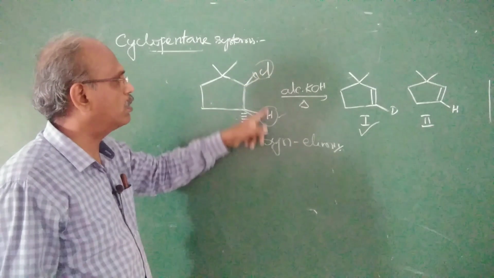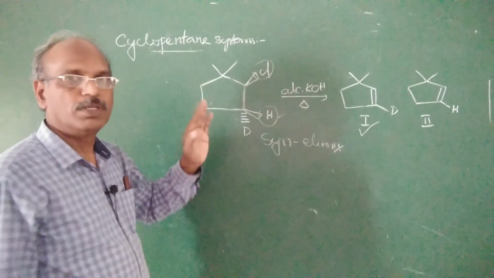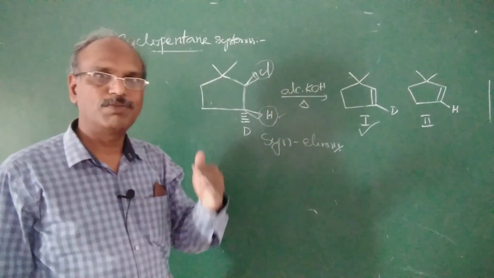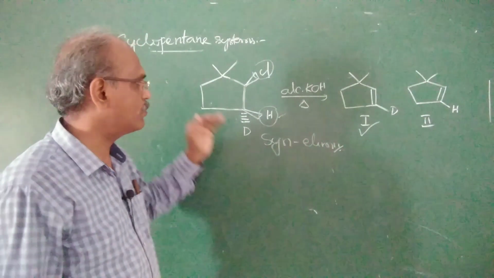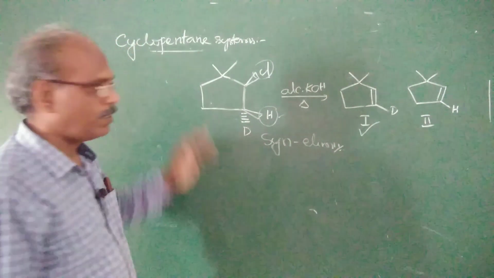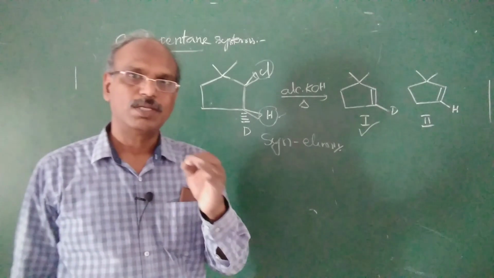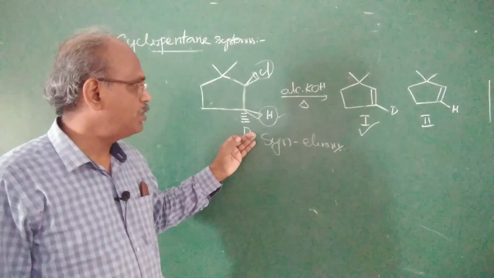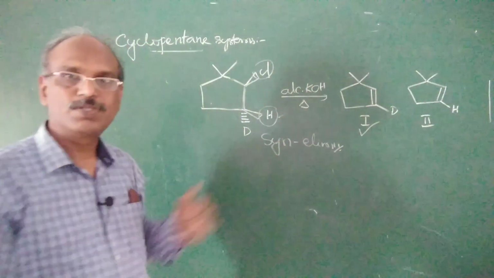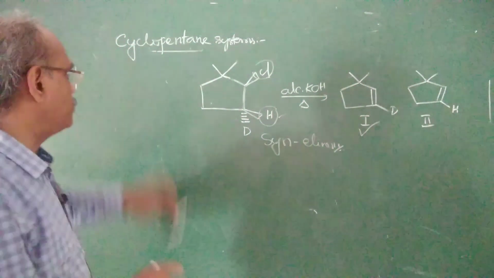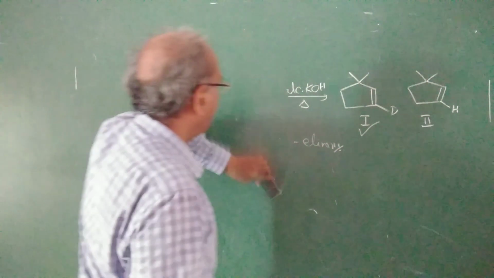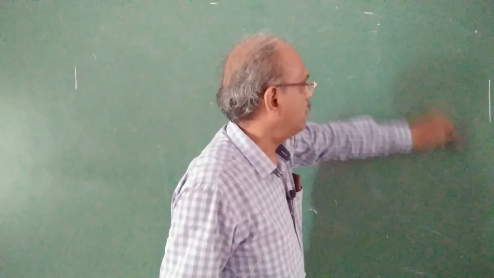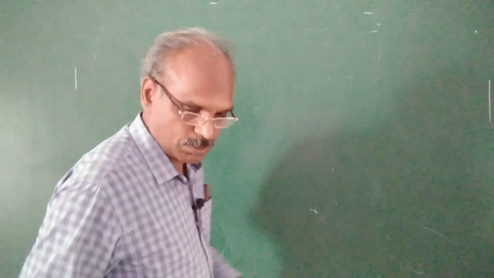Only these are coplanar. So the necessary condition for E2 reaction is coplanarity. The conclusion is: in cyclohexane systems, anti-elimination; in cyclopentane systems, syn elimination is possible.